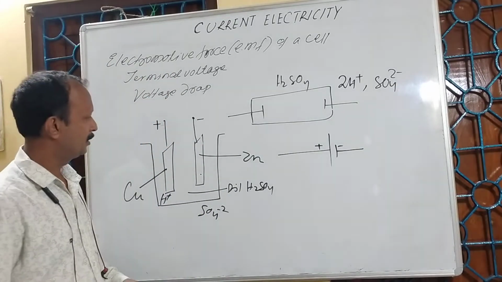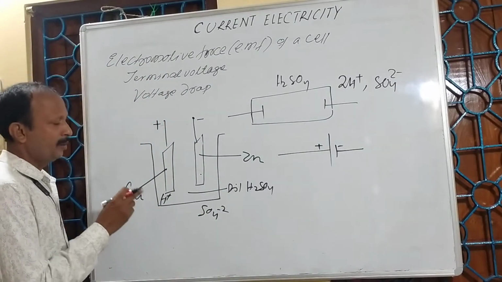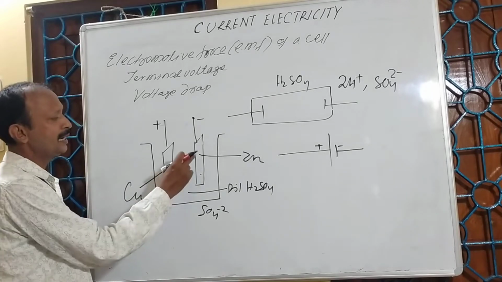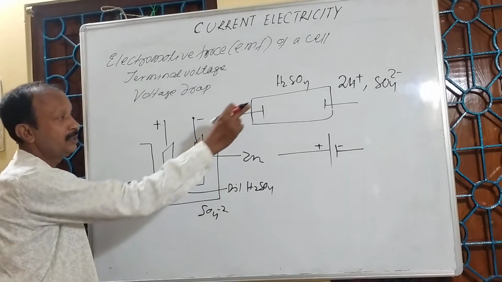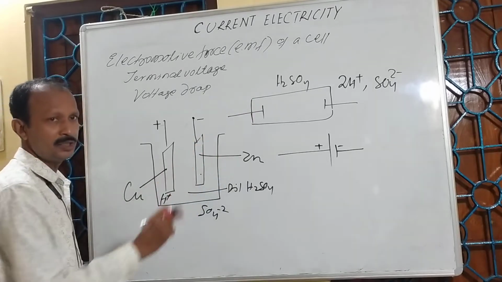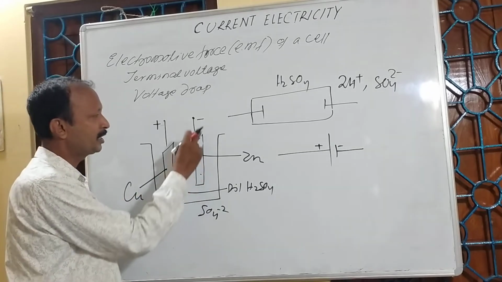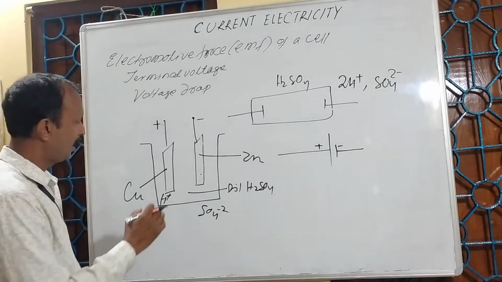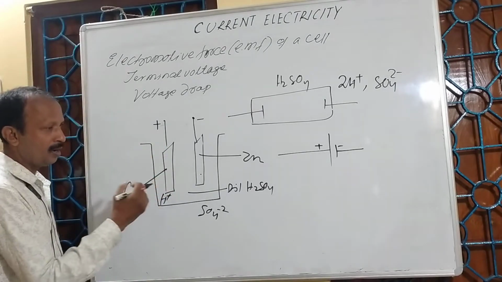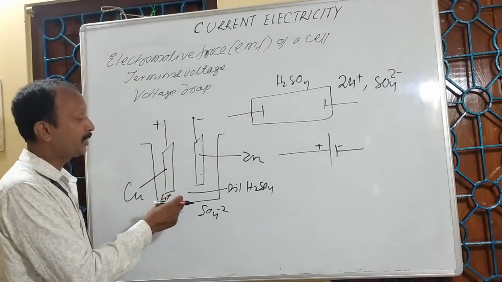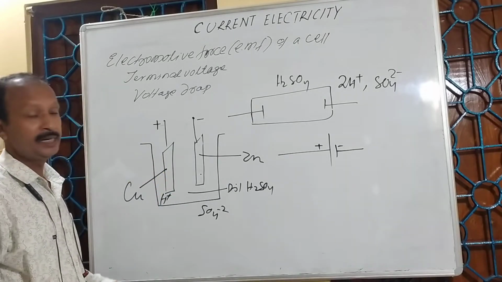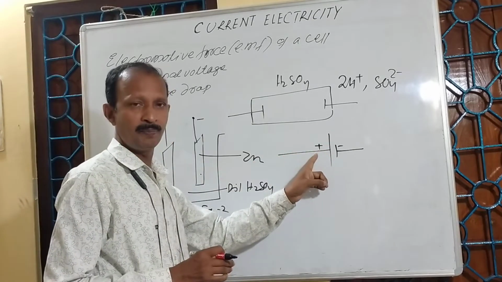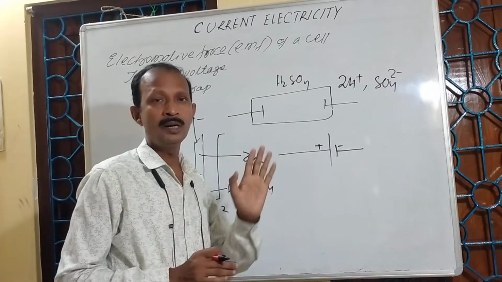So there is a deficit of electrons at one end and an excess of electrons at the other end. Zinc became negative, which is lower potential. The copper lost electrons, so it became positive, which is higher potential.